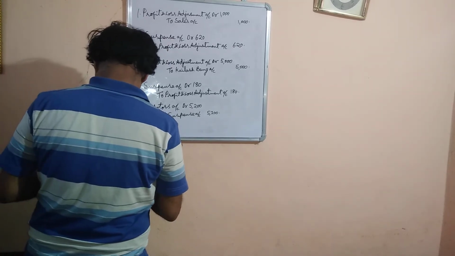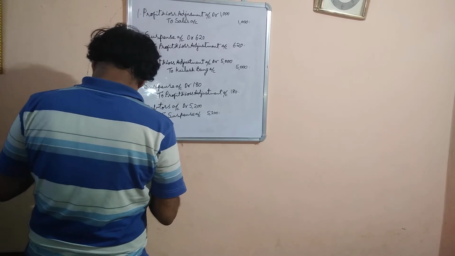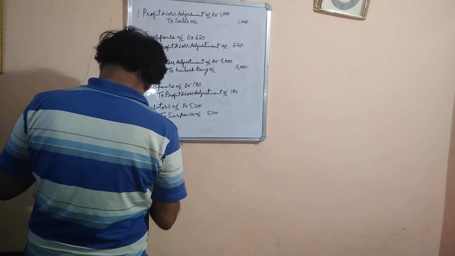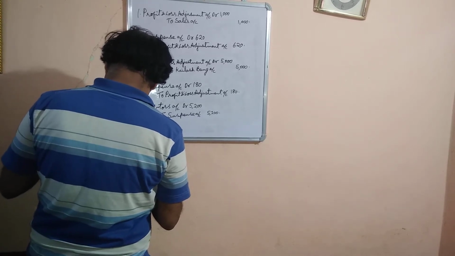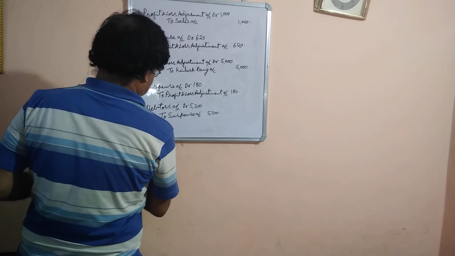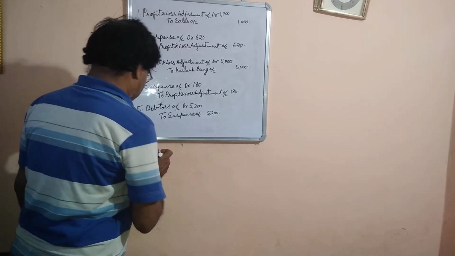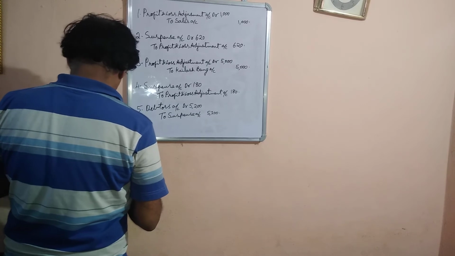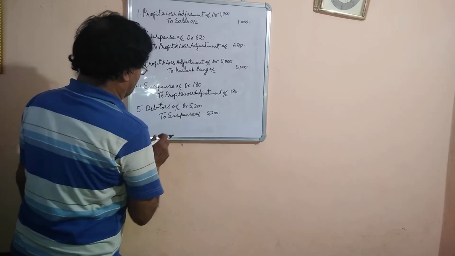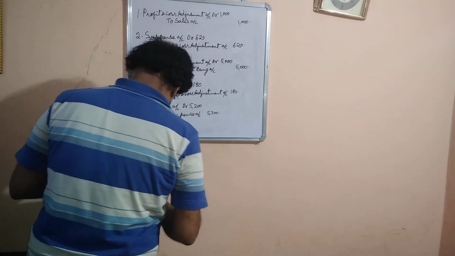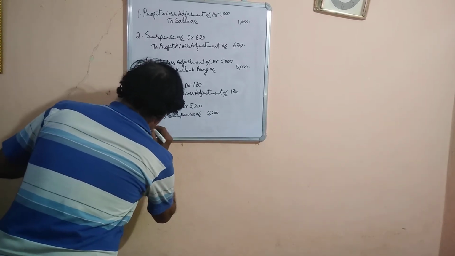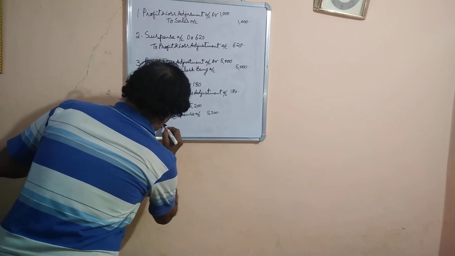Now, the sixth one. Goods bought from a merchant amounting to rupees 3,500 had been posted to the credit of his account as 8,500. That is, 5,000 rupees extra. When it is 5,000 rupees extra, we have to write supplier's account debit to suspense account, because it was shown more.